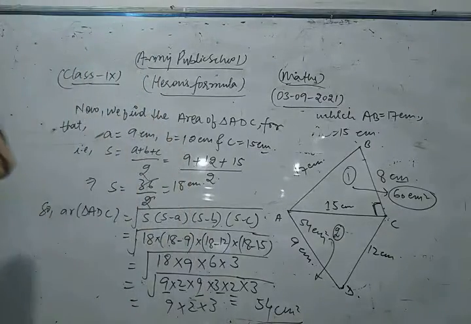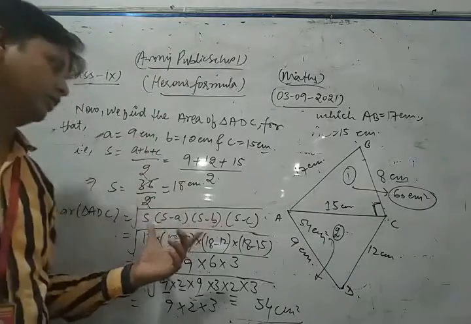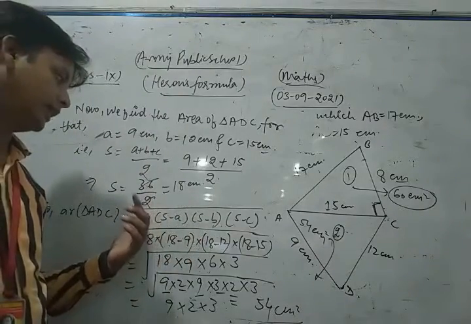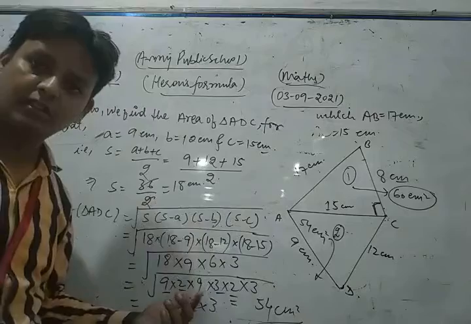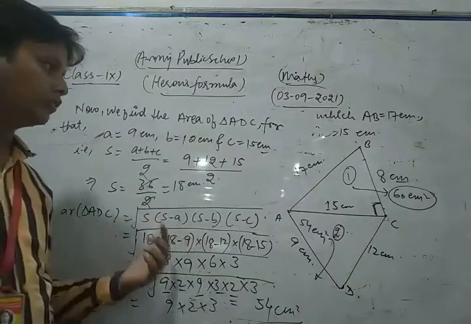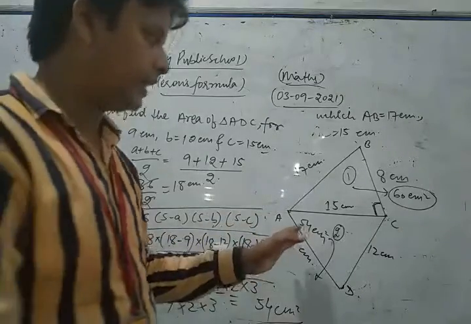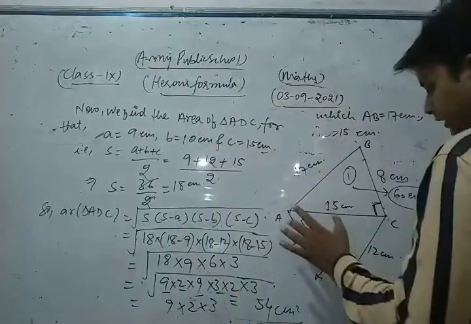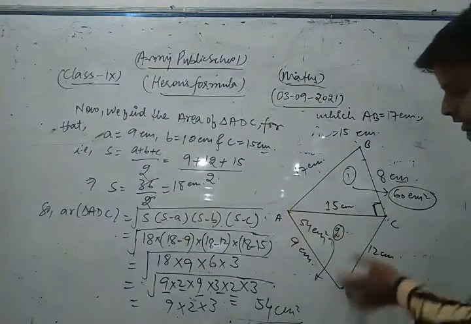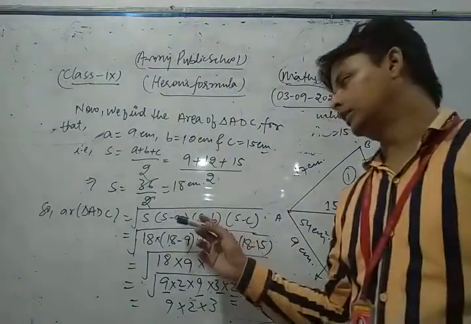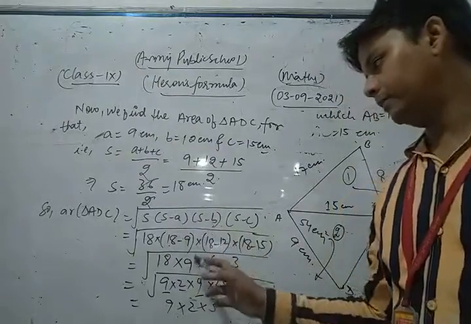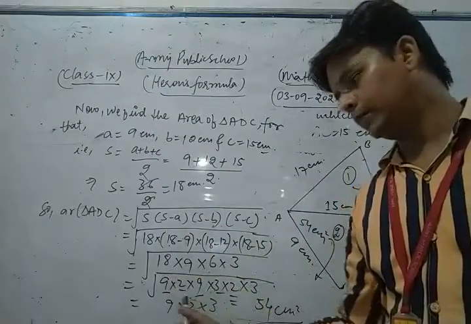Okay. So in this way, dear friends, look, by using Heron's formula, S minus A, S minus B, S minus C, we put all the values of S, A, B and C, where A, B and C mean the sides of the triangle ADC, in that formula, and we simplify them. Here we do their prime factorizations.